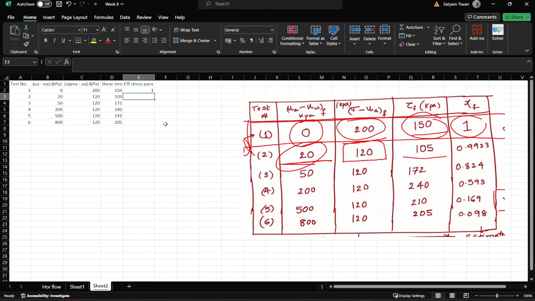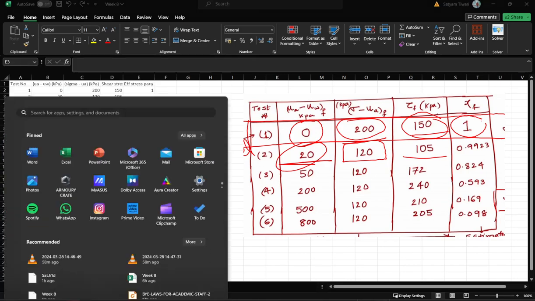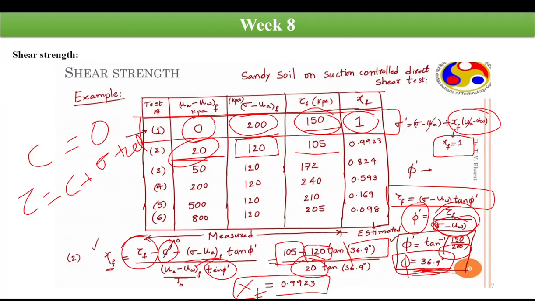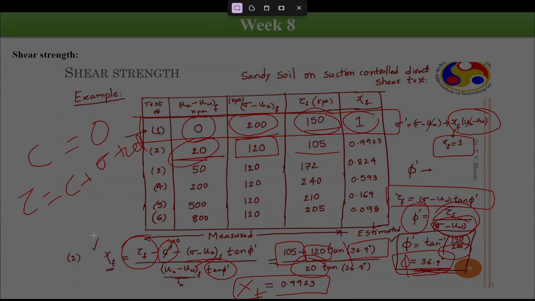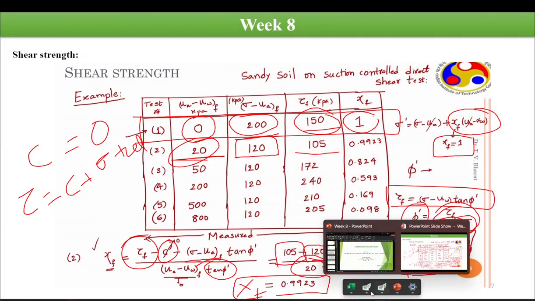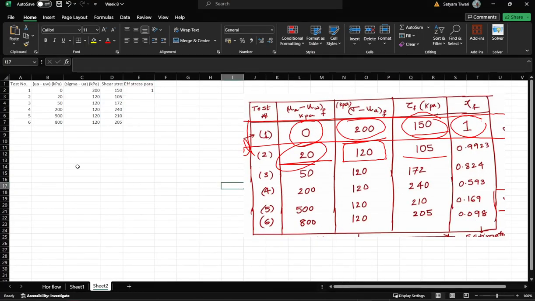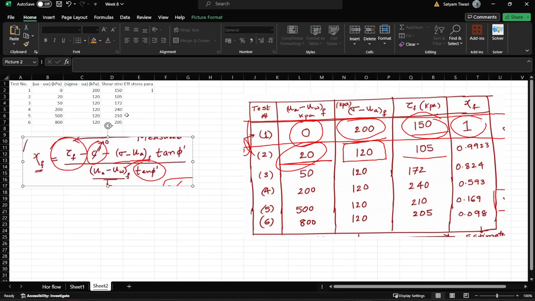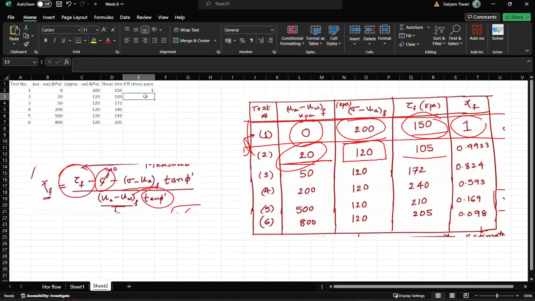So what was the formula here? Let's take the formula from here only. So the effective stress parameter will be equal to the numerator, the value of tau f at failure minus c dash, which is equal to 0.